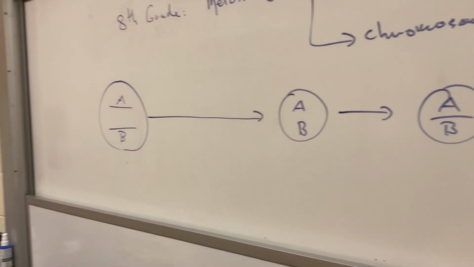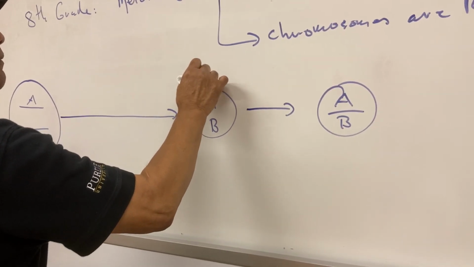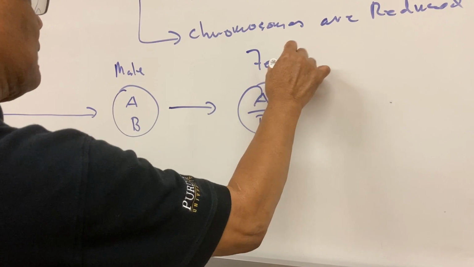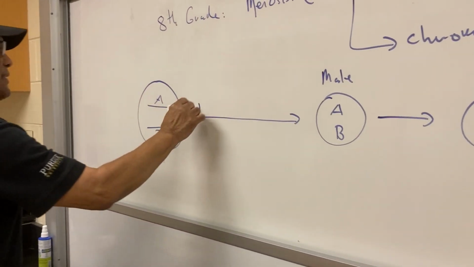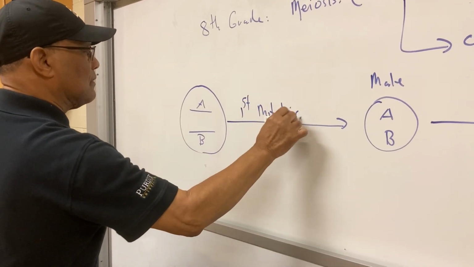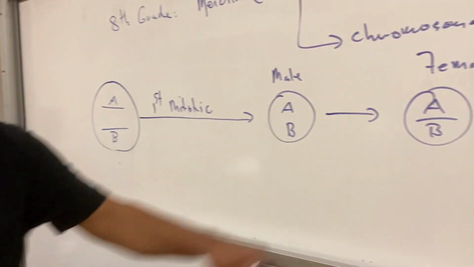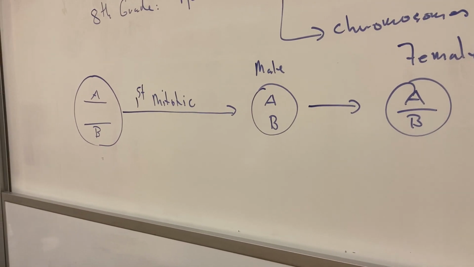Okay? So let's say this is the male. This is the female. At the end of what we call the first mitotic division, first meiosis, this is what you get. Okay?